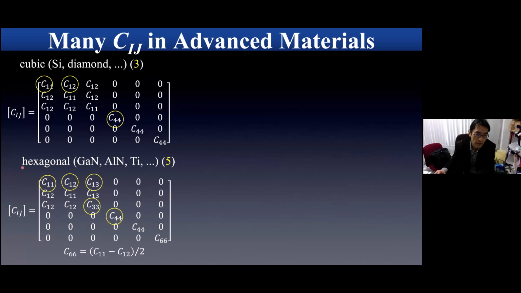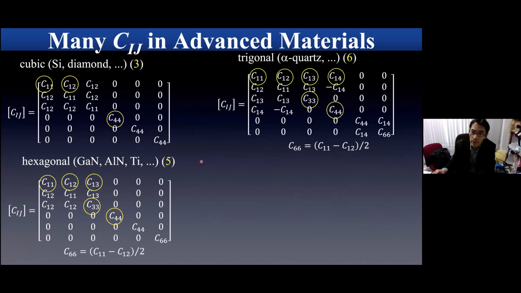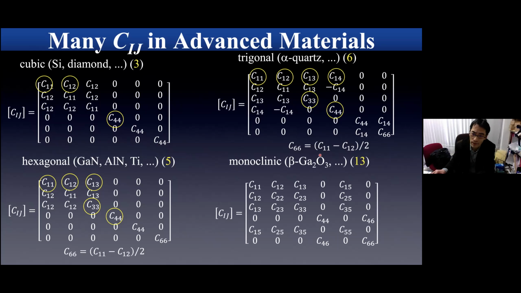In the case of hexagonal materials, including gallium nitride, aluminum nitride, titanium, and so on, we have to know 5 independent elastic constants. In the case of quartz, there are 6 independent elastic constants. And in the case of monoclinic materials, such as beta gallium oxide, 13 elastic constants are needed.